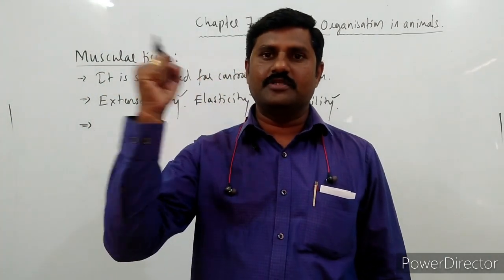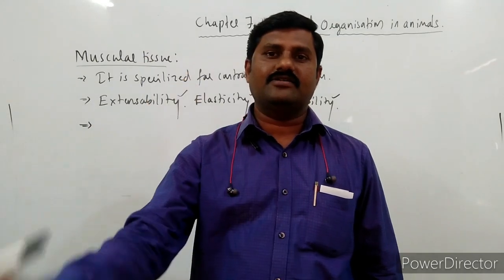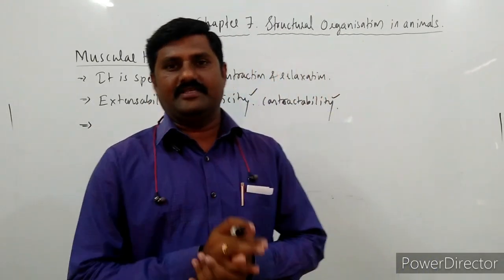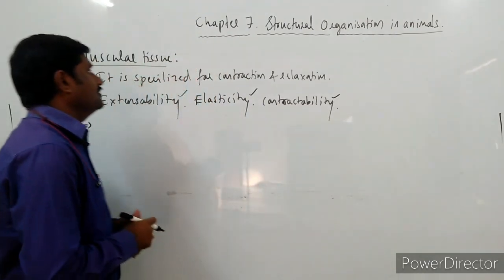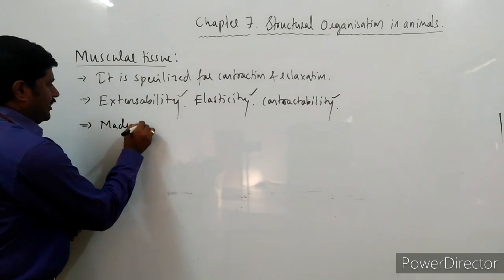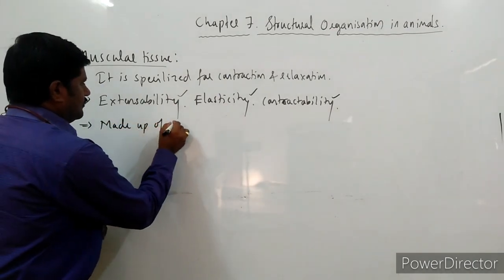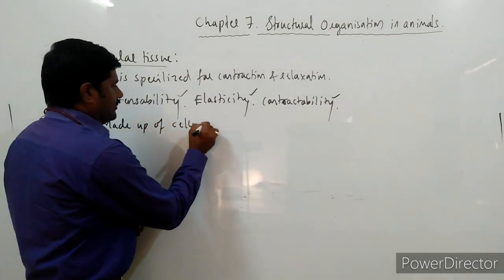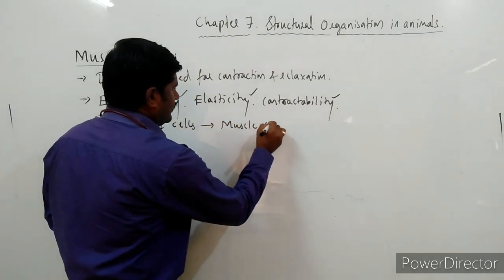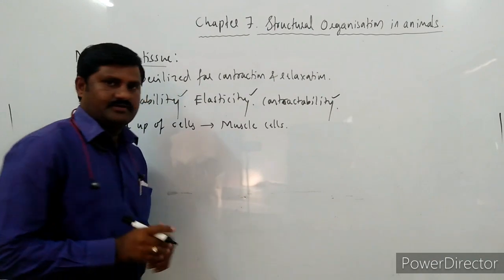If we want to move this hand, then contraction and relaxation of the muscles are taking place over here. And this muscular tissue is made up of the cells called muscle cells. Muscle cells, right?